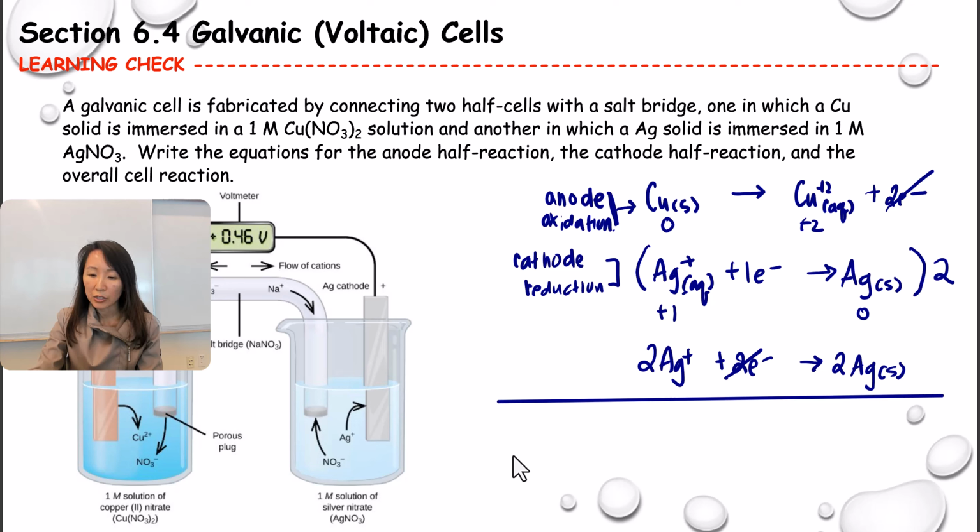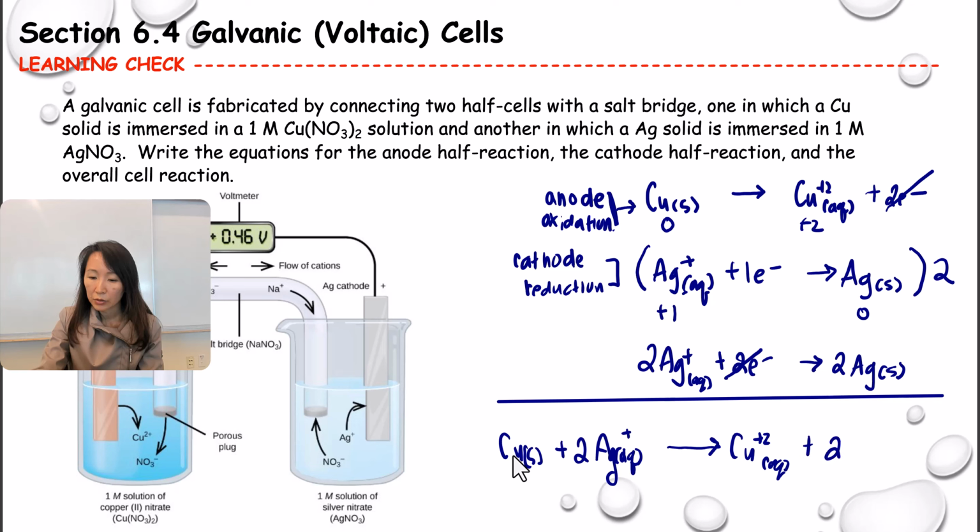The overall reaction is that copper is on the left side, so is silver, Ag aqueous, and then we have the copper 2+ on the right side, and 2 silver solid. So we have this whole process where you have copper 2+, 2 silver, and 2 silver solid. All right, so that's the overall cell reaction.